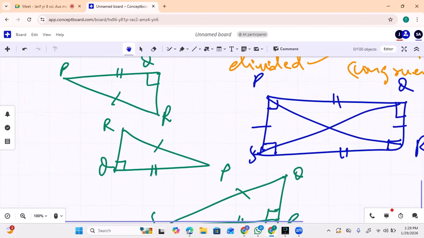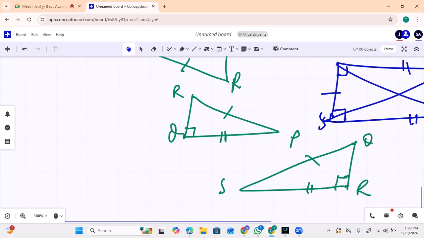So for this particular question, we have to manage the angles, tell about the sides, and obviously show how the triangles are congruent. We have to prove the congruency between them. If this is our first triangle and this is our second triangle, first we have to see the sides.